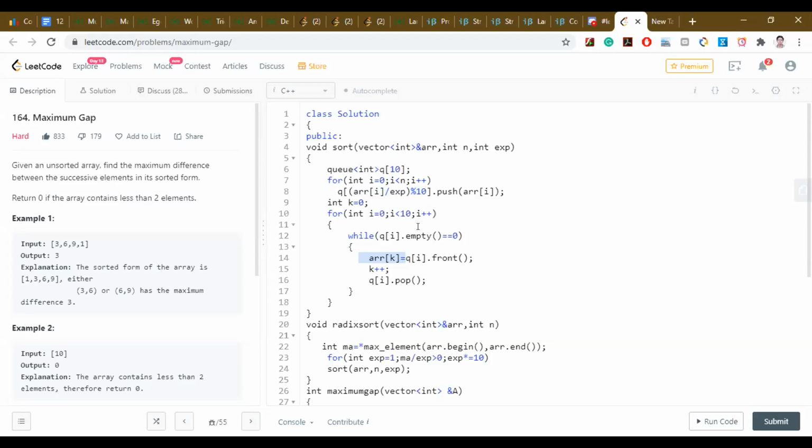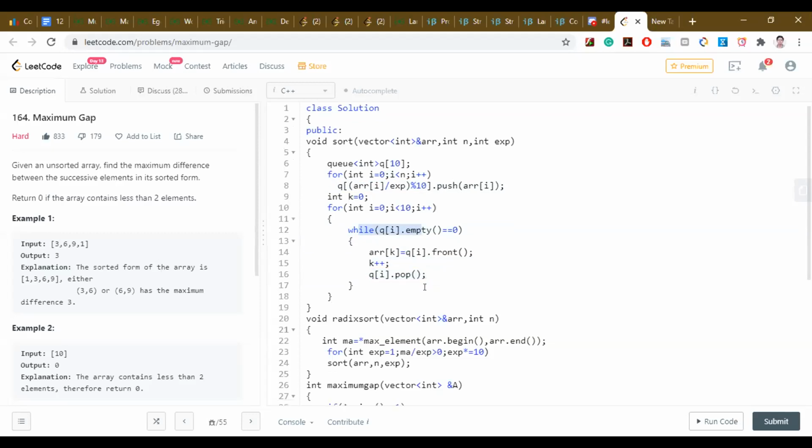Actually we are making buckets. On the basis of buckets, I'm distributing the numbers into different queues, and then storing them in the array, copying them one by one till the ith queue gets empty. Okay.